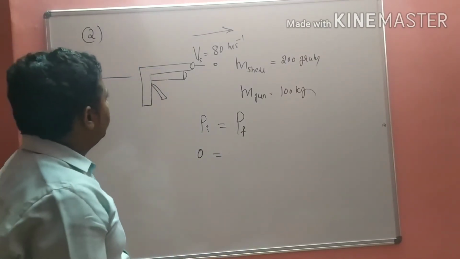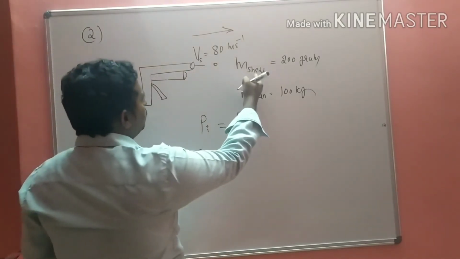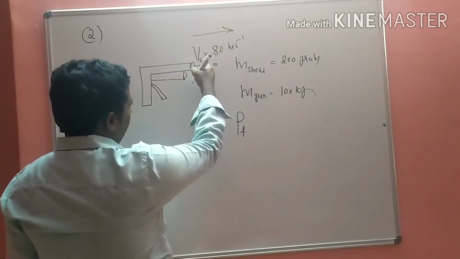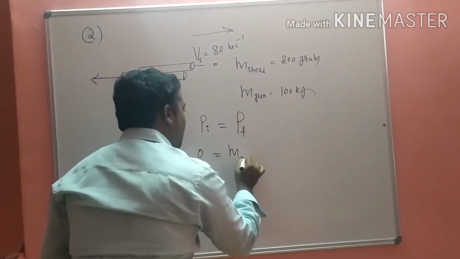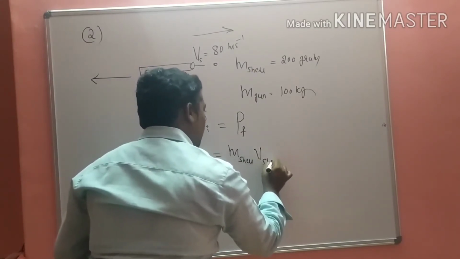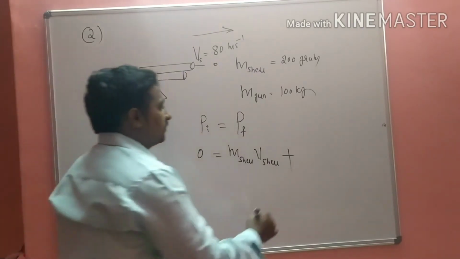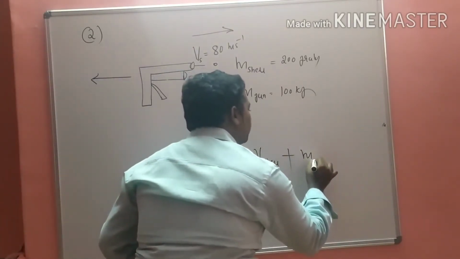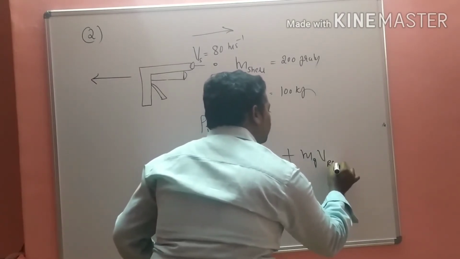The final momentum is the mass of the shell times the speed of the shell, plus the mass of the gun times the speed of the recoil.